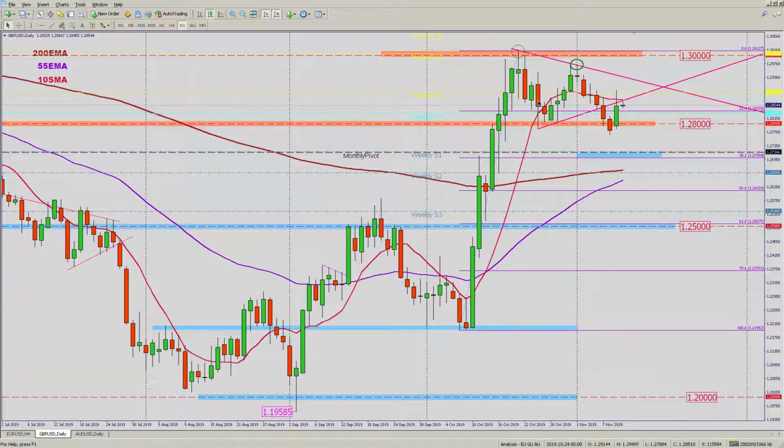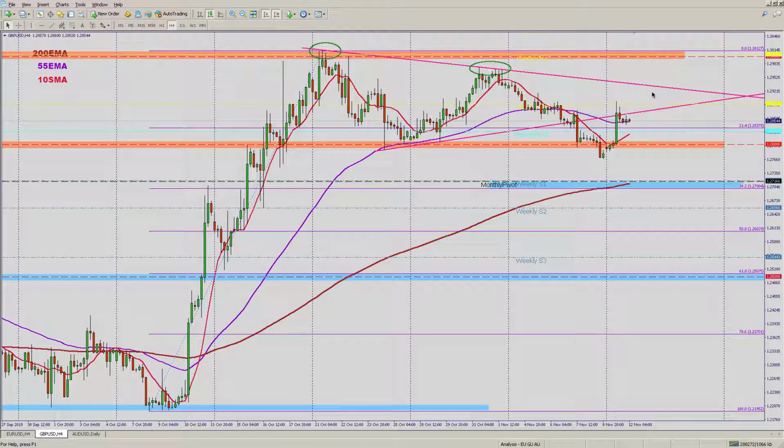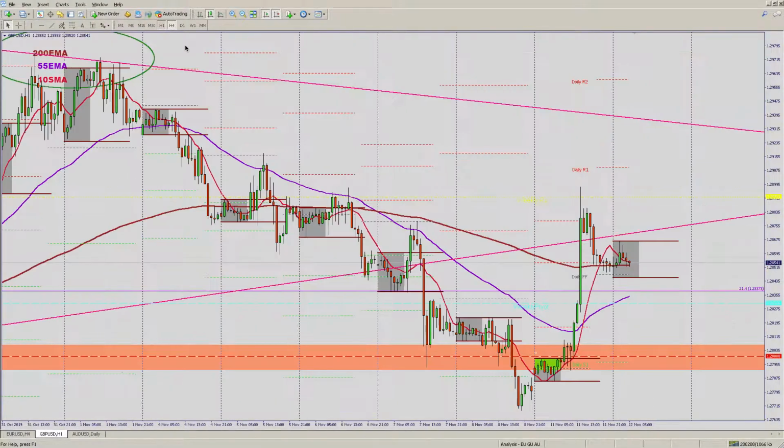Let's take a look at the 4-hour time frame. So there was a slight gap up at the start of the week, and it was retracing just above the 128. And let's switch to the 1-hour time frame.